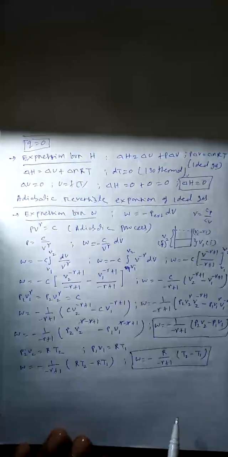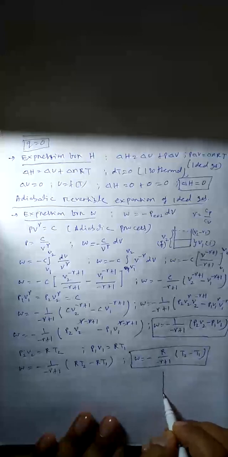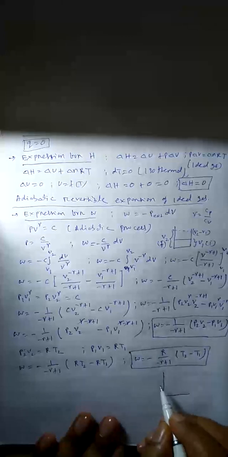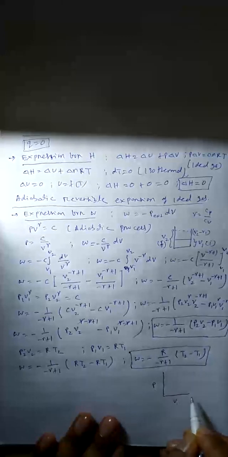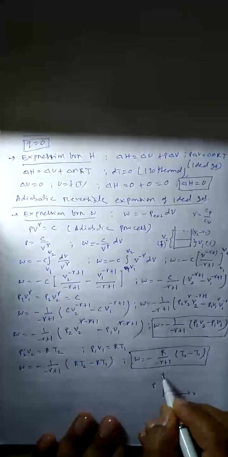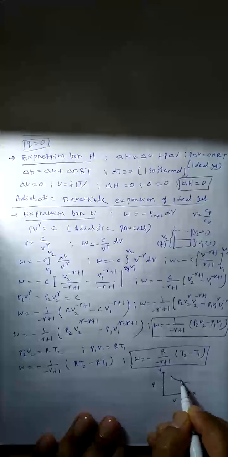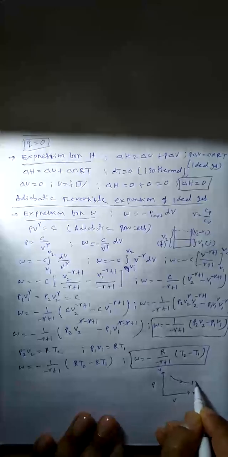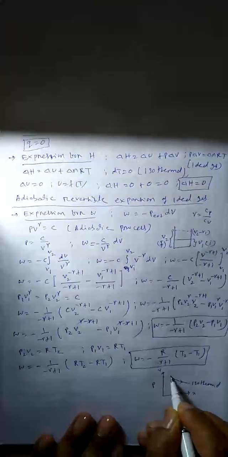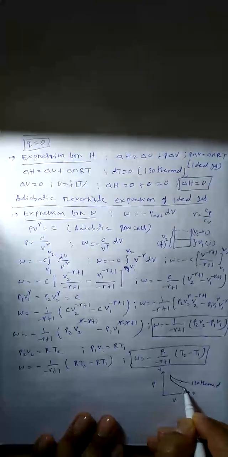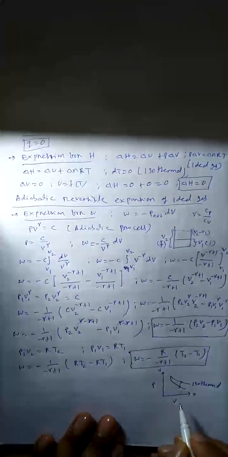Okay, if we draw the pressure volume diagram, this is the pressure, this is the volume, this is the x-axis, this is the y-axis. Suppose this is for isothermal expansion; adiabatic is slightly less than that of isothermal. This is expansion.